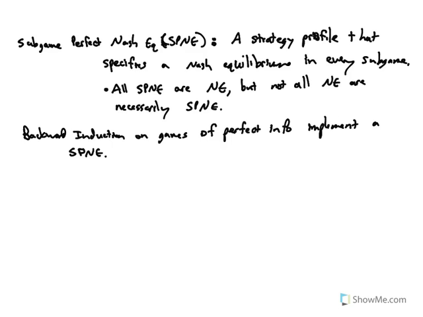Here we can do one more game of perfect information, just a short one. Player 1 can choose U, up, or down.